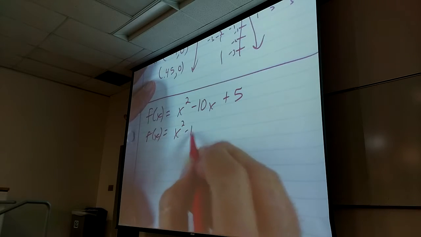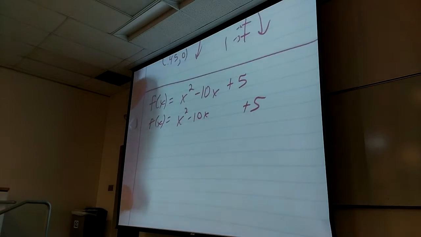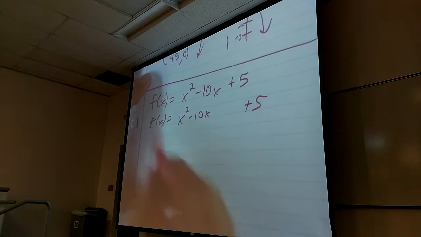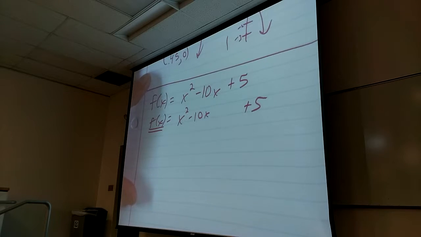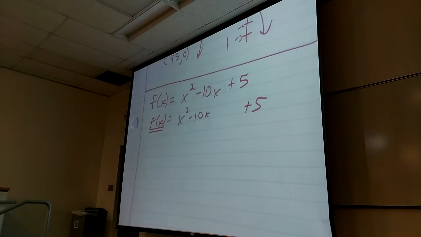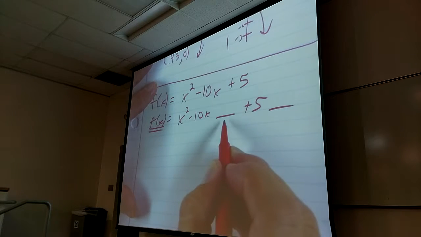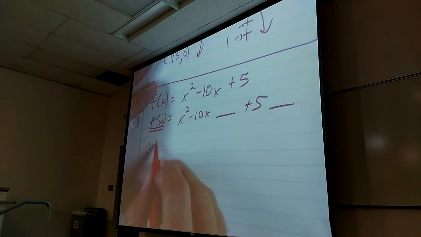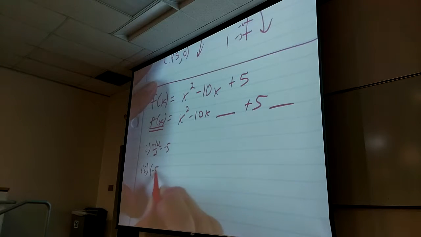First, I got to make some room like I always do, but this time I make room like that, because I really can't do anything with f of x. It's not really a side I can work with, so I just got to do everything on one side. How do I figure out what goes here? Negative 10 divided by 2, negative 5.